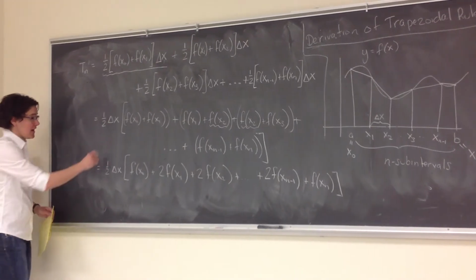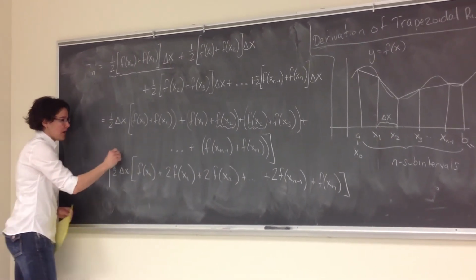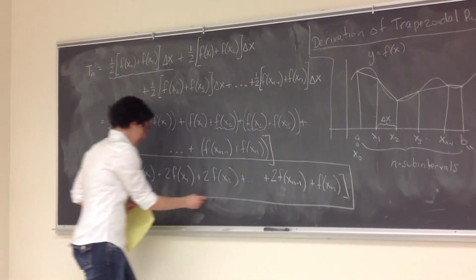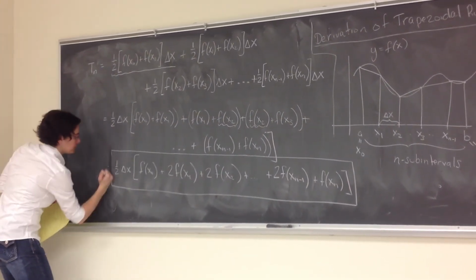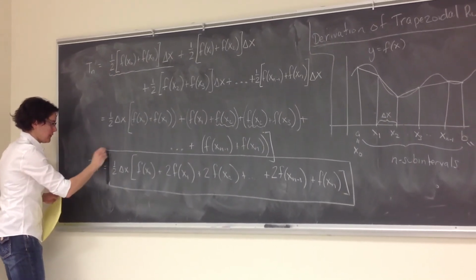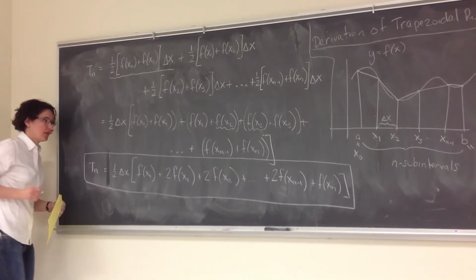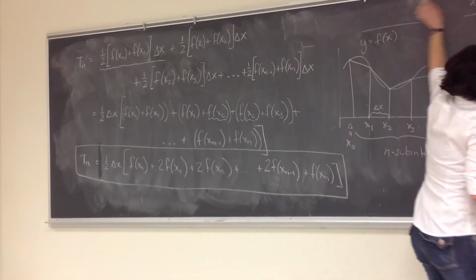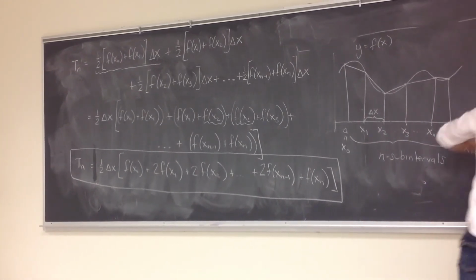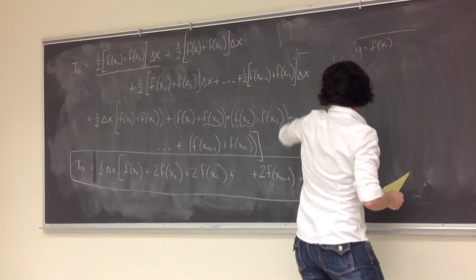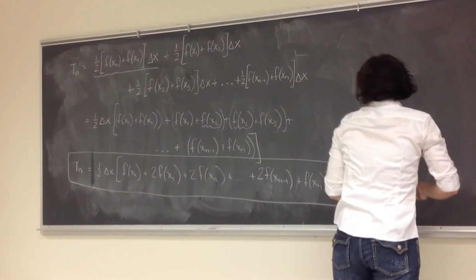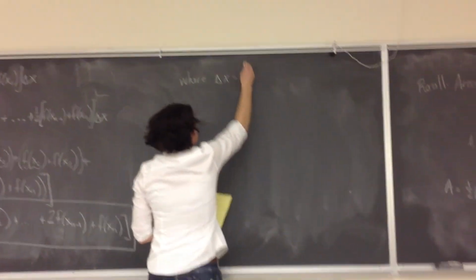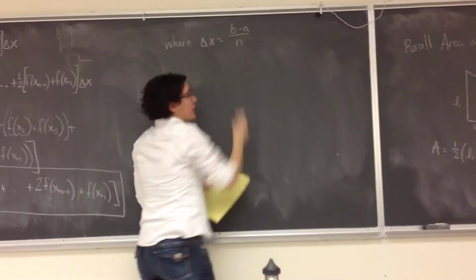And so in the end, we can write our trapezoid formula Tn is equal to 1/2 delta x times f of x0 plus twice f of x1 through f of xn minus 1, and then 1 of the last one. So this is our formula where delta x is equal to b minus a over n.